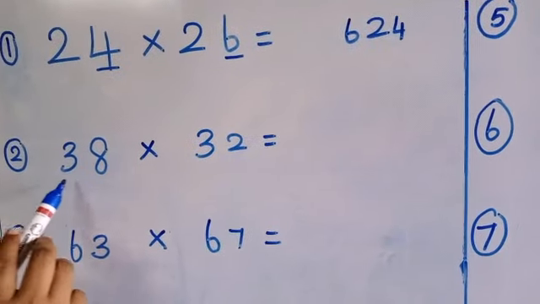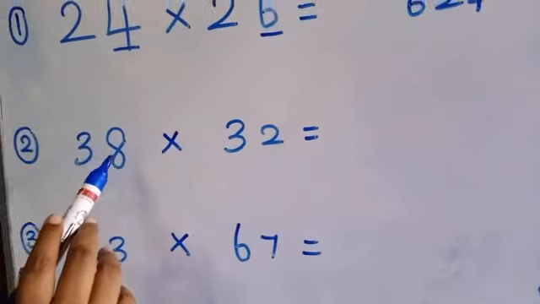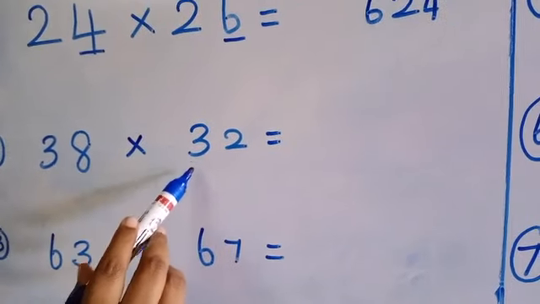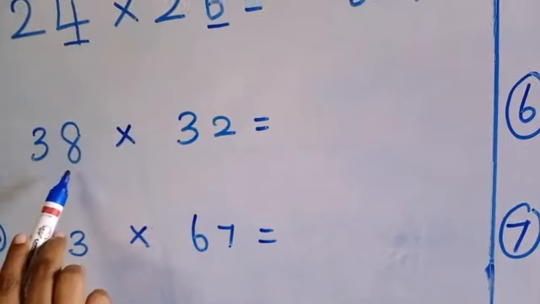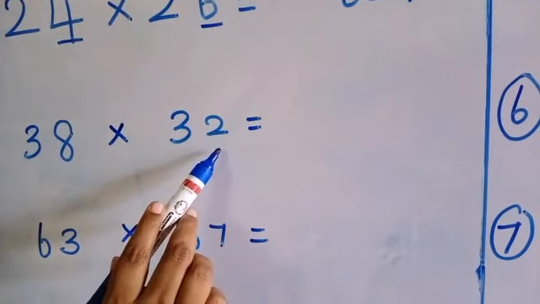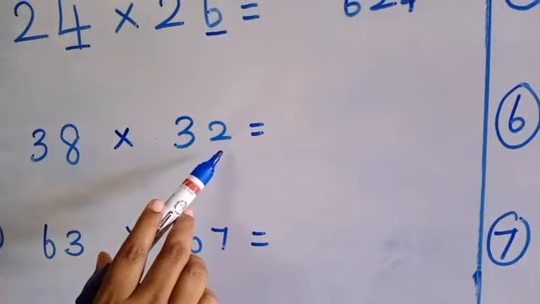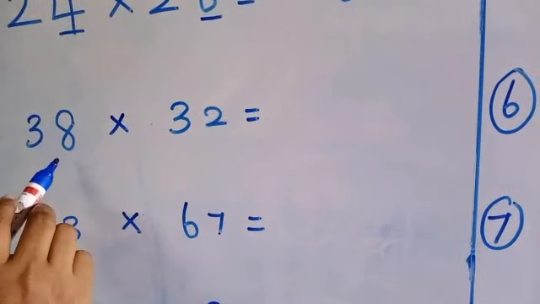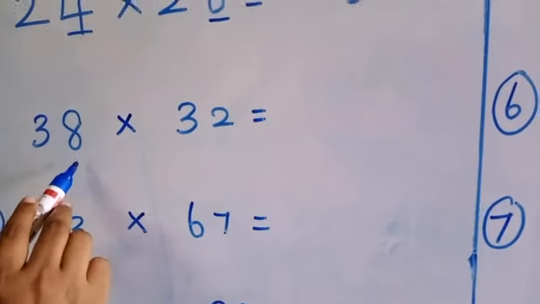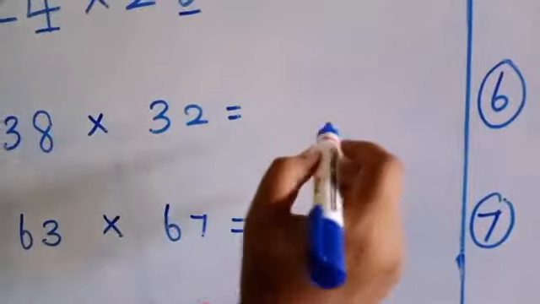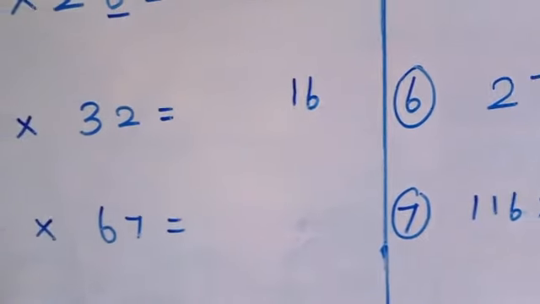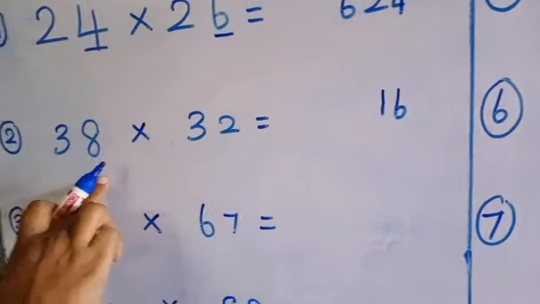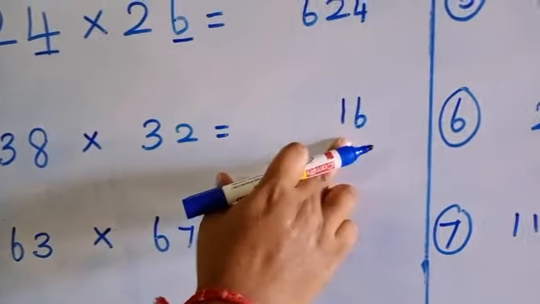Okay, let's move on to the second sum: 38 into 32. The last digits are 8 and 2. 8 twos are 16.